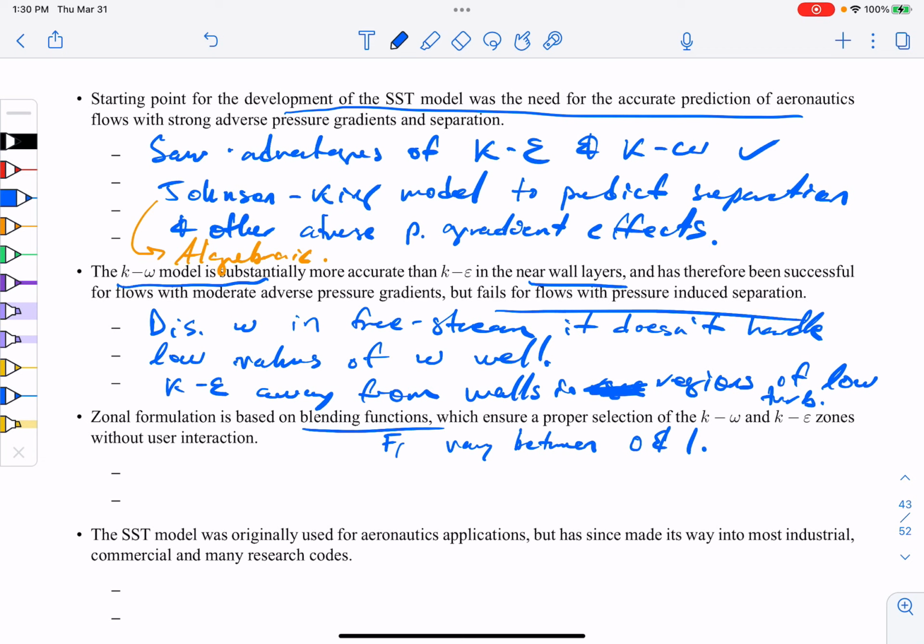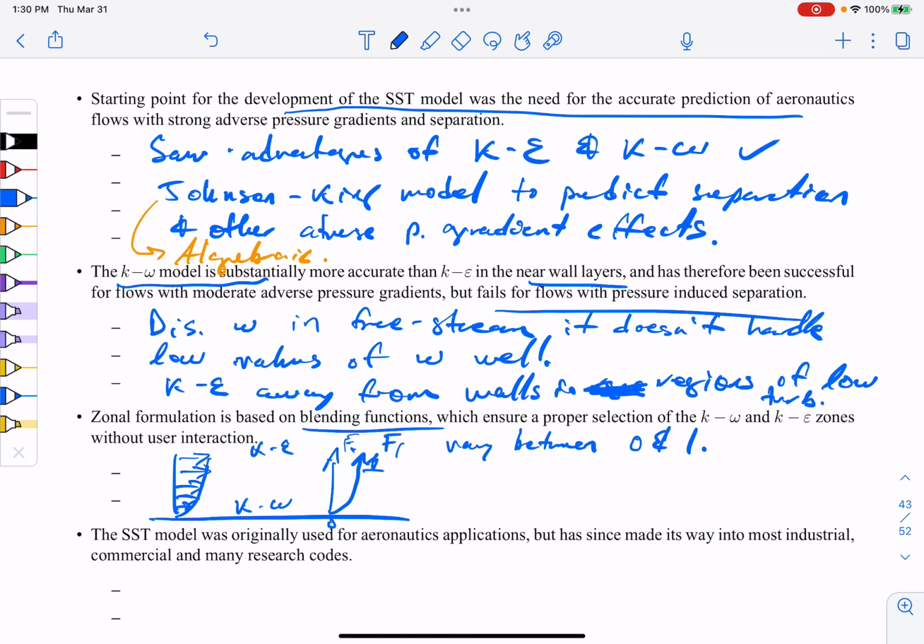And so you can imagine, I'll draw it instead of writing, because that's a little more entertaining for everybody. I like drawing too. Another failed artist. Near the wall we have K omega, and out here we have K epsilon. And how do you blend them? Well, we have a function F1. You can have F1 being 0 and 1 at the wall, or vice versa away from the wall, but as for instance, we can choose it goes from 0 to 1.